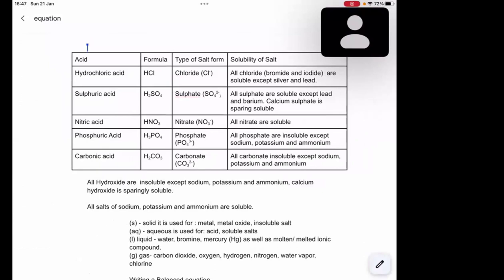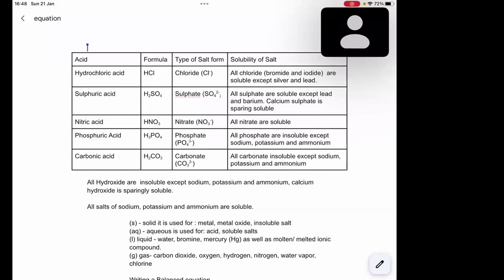We were at solids and we said we explain when we use S. When a substance is solid, we use the symbol open bracket S, close bracket, and we say that for all metals we use S, except mercury.